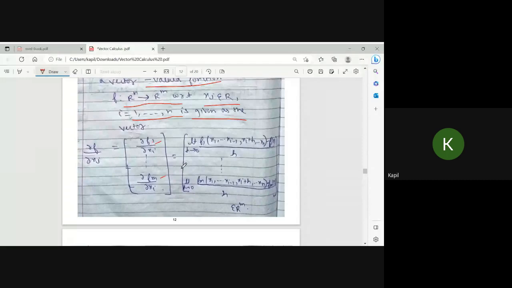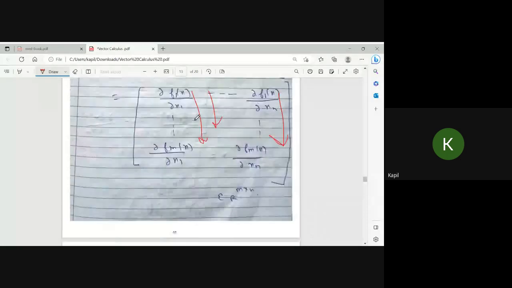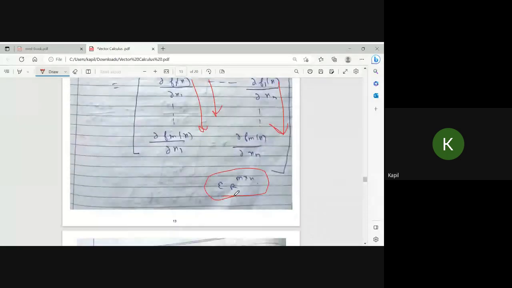So in each case we have to find the partial derivative of each f from f1 to fm in this column. Similarly, this column is for f1 to fm with respect to x2, and this column for x3, and up to xn, where this column holds the partial derivatives of f1 to fm with respect to xn. So this is the gradient of the function f from R to the power n to R to the power m. It belongs to the dimension m cross n matrix. So this is the gradient of a vector valued function.